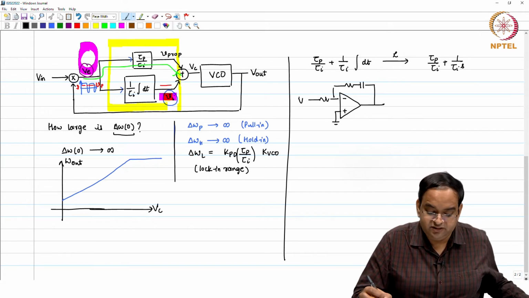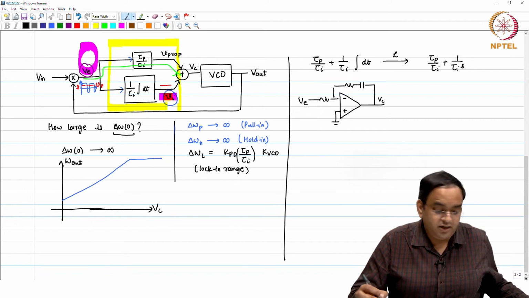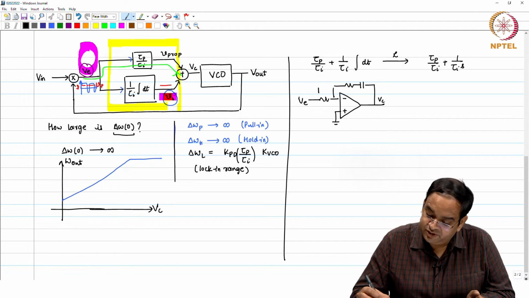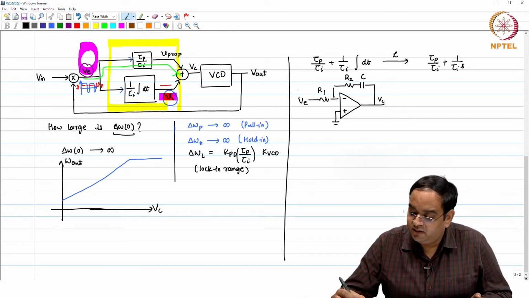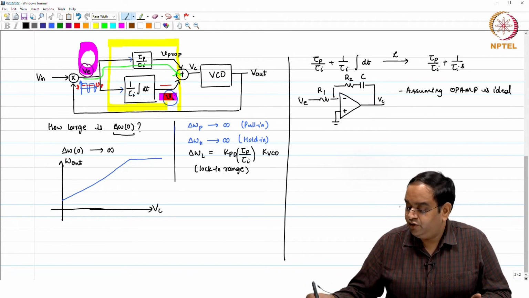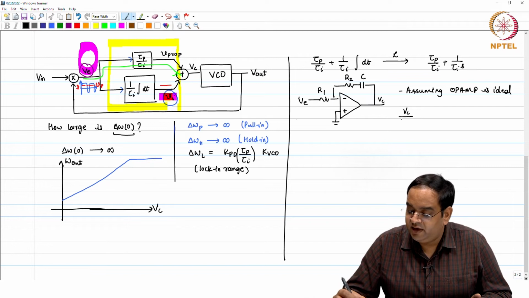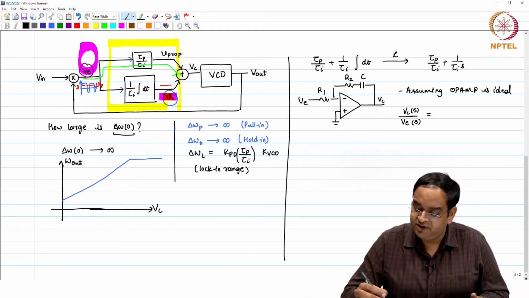This is V error, this is V c, and this particular resistance happens to be R1, this is R2 and this is C. So, assuming the amplifier is ideal, assuming your op amp is ideal, what you will see is that V c by V error in Laplace domain happens to be simple, you can just work it out. So, let me just help you with this.